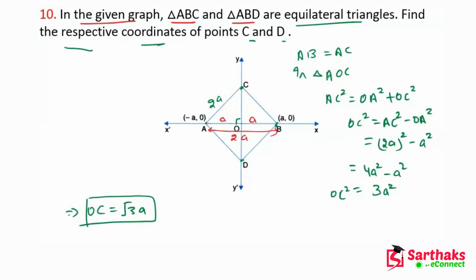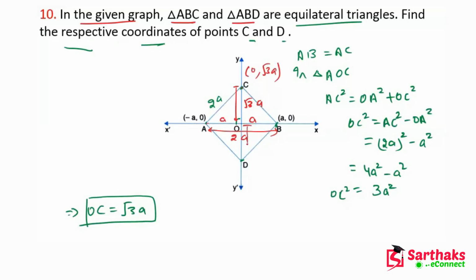The OC distance is root 3a, and point C lies on the y-axis, so the x coordinate is 0 and the y coordinate is root 3a.